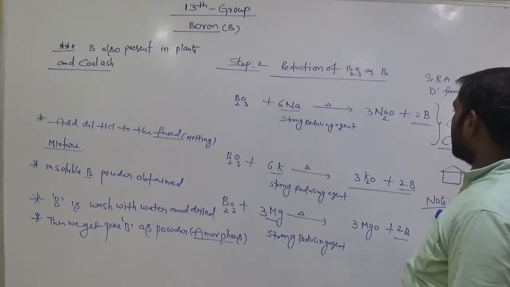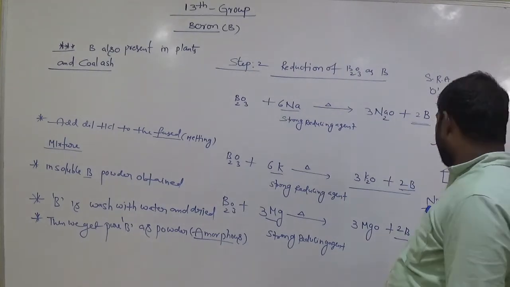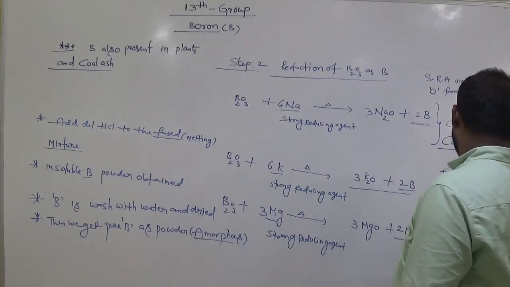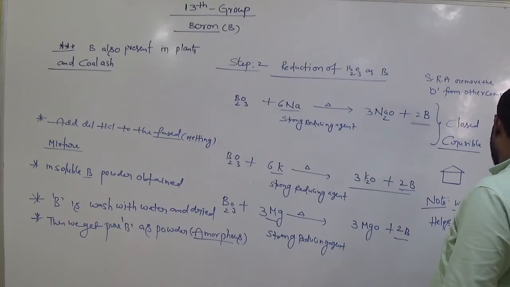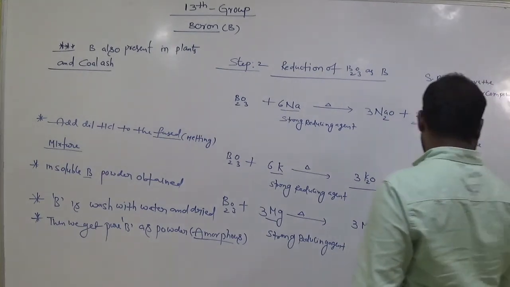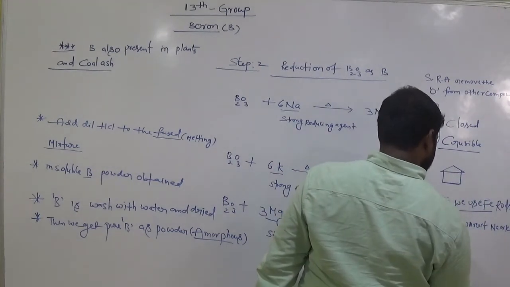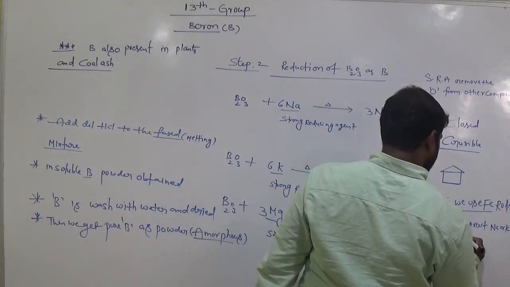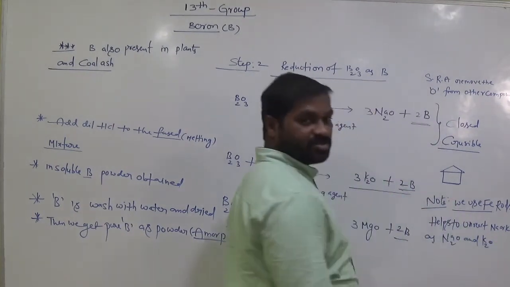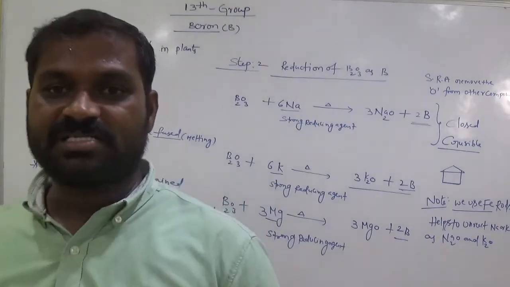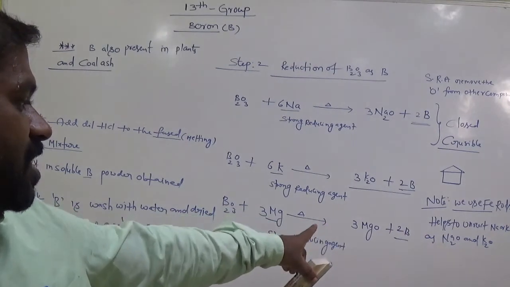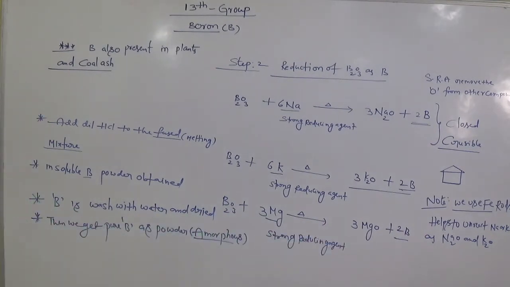These iron rods help to react the unreacted sodium or potassium as sodium oxide and potassium oxide.